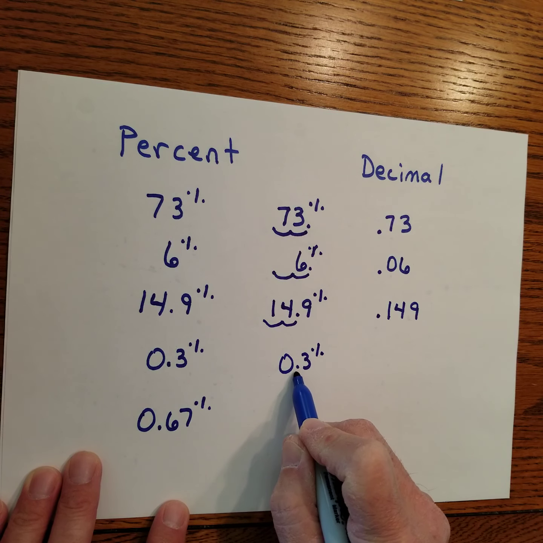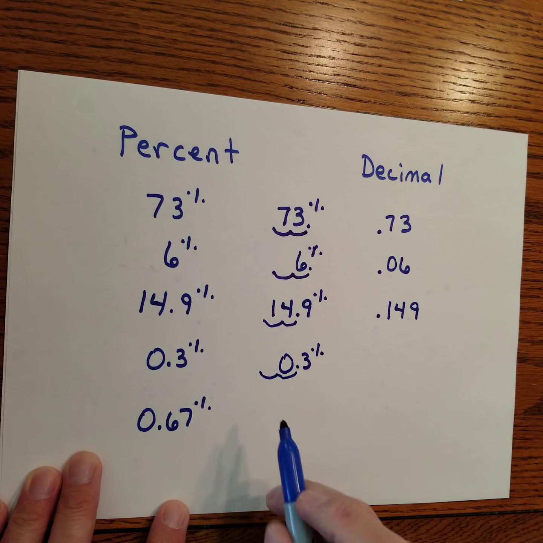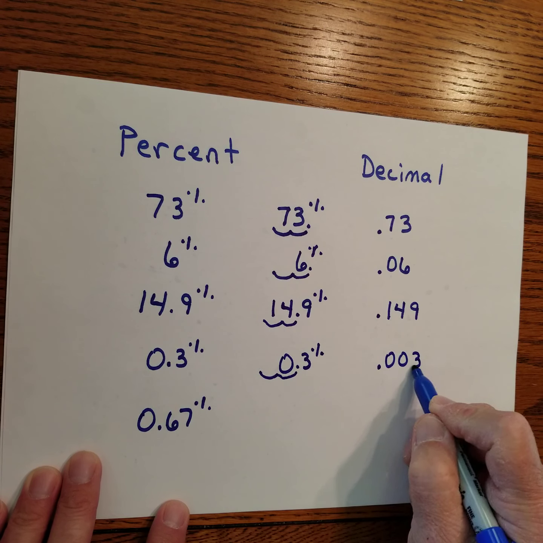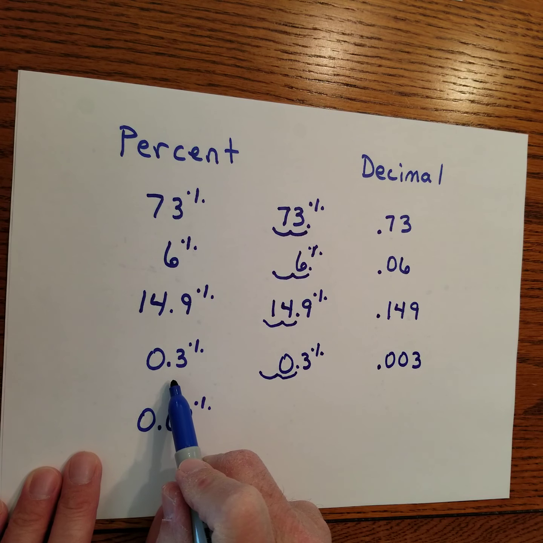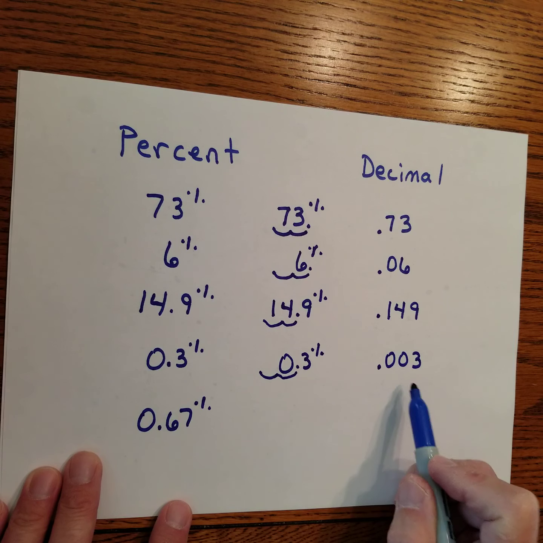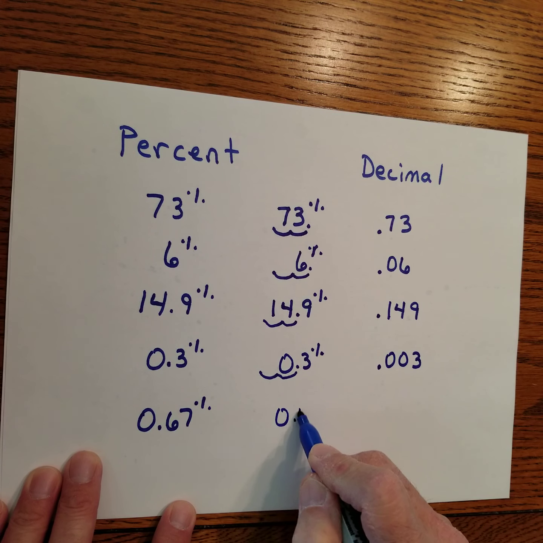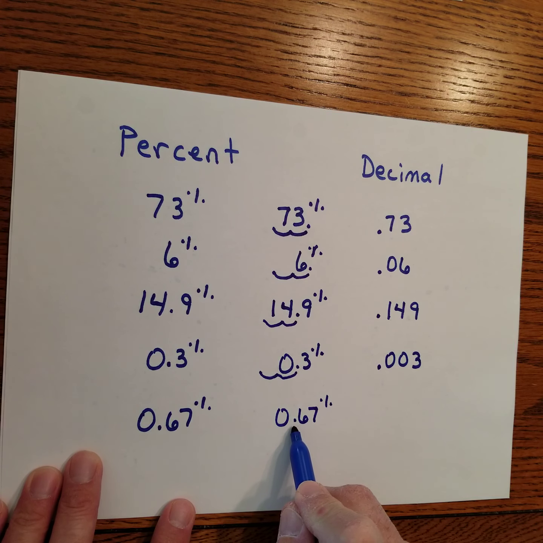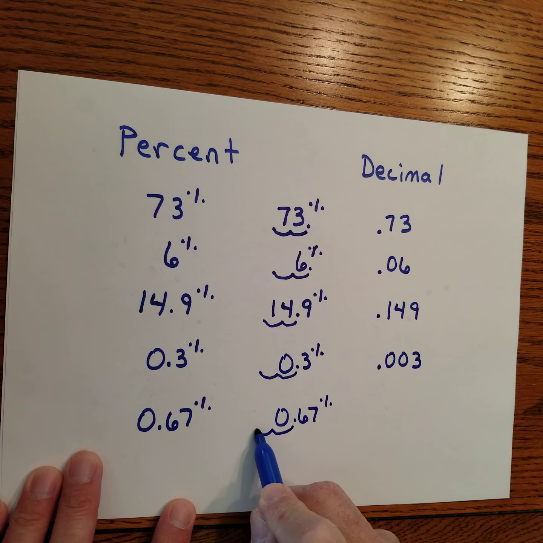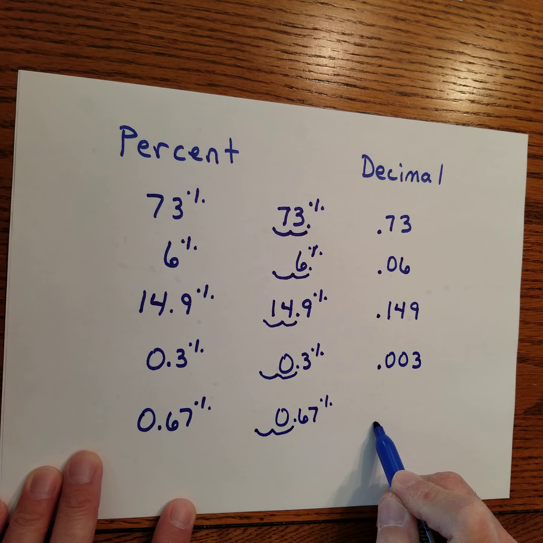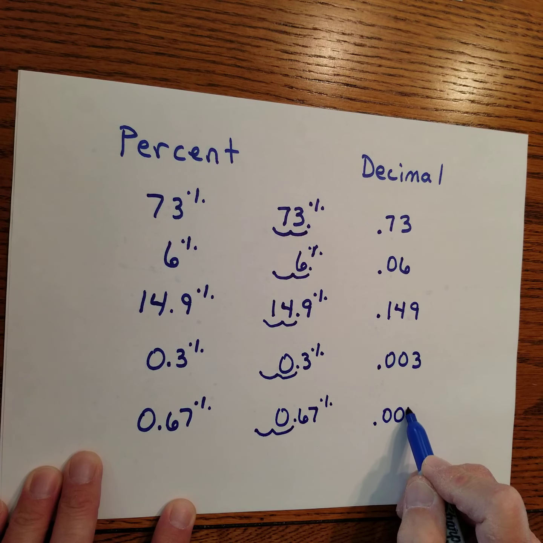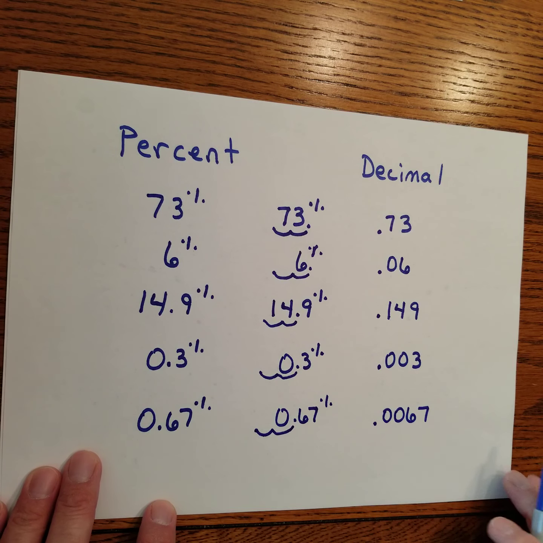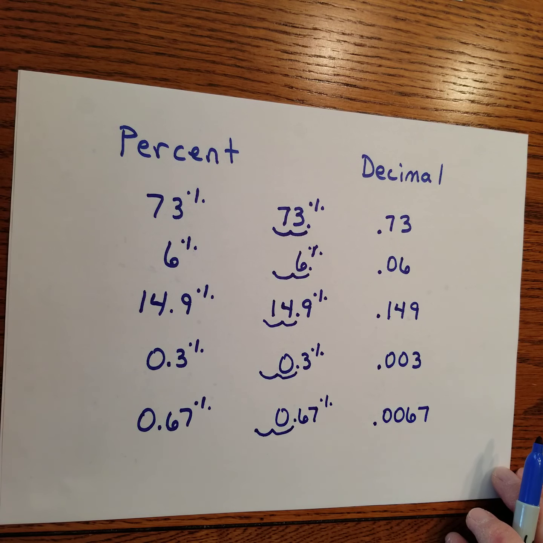If I move the decimal point twice, now I have room for 2 zeros between the decimal point and the 3. 0.3% becomes 0.003. For 0.67%, when I move the decimal point twice, I again have room for 2 zeros between the decimal point and the 6. Study these. These will be very useful in the percentage problems that we're about to do.